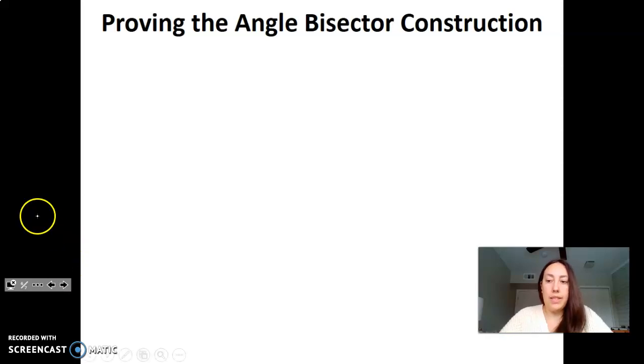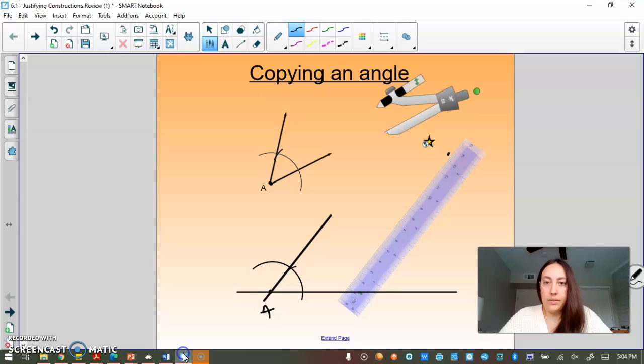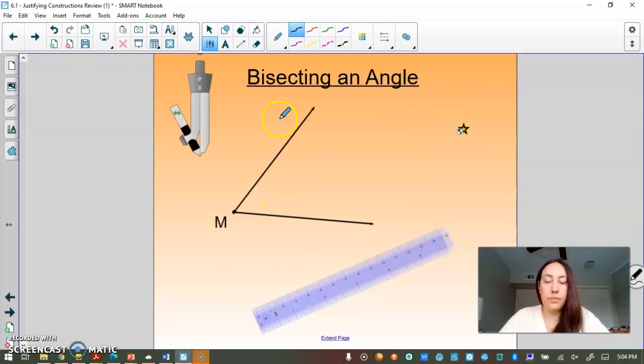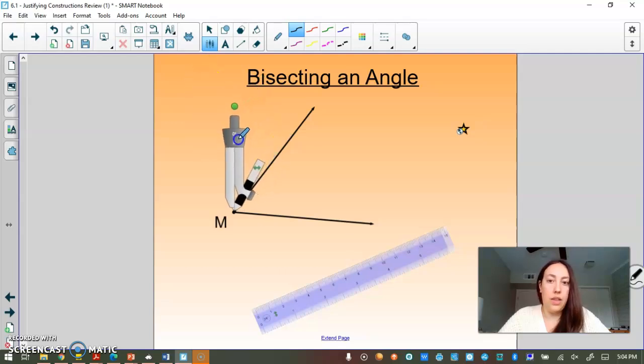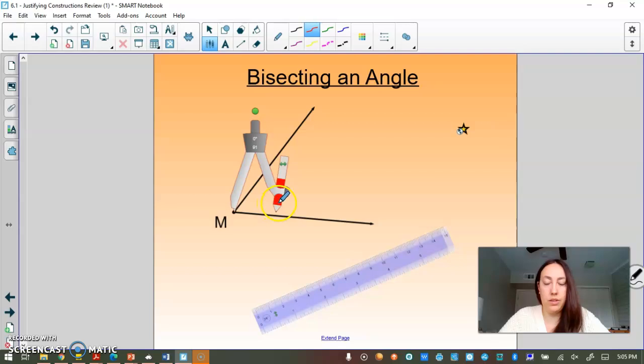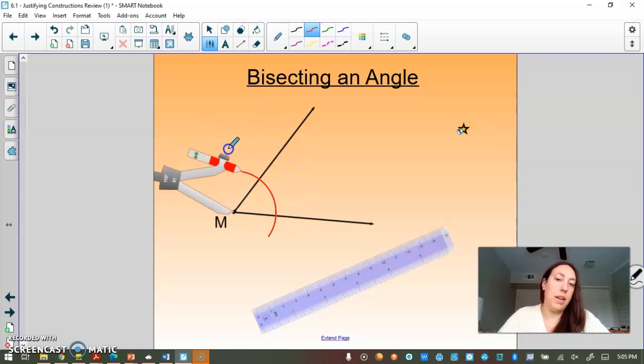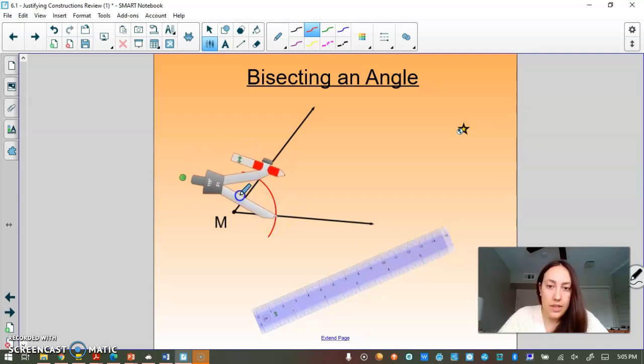Let's do the angle bisector construction. For this construction, the first thing we do is draw an angle to start with, and then you're going to put the sharp point of your compass on the vertex, and it doesn't really matter what width you use, but you're going to make an arc across both sides of your angle so you get these two intersection points. And then using those two intersection points, you're going to put the sharp point on one of them.